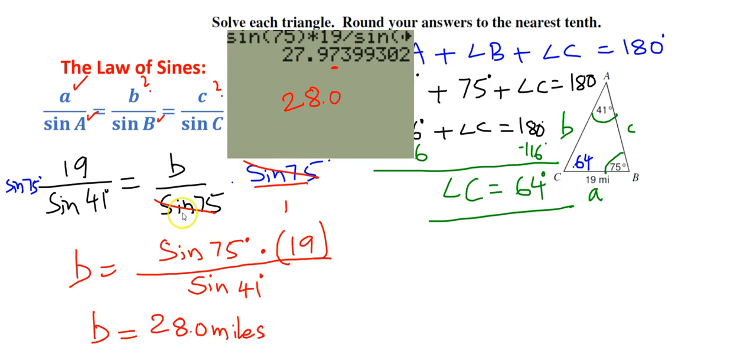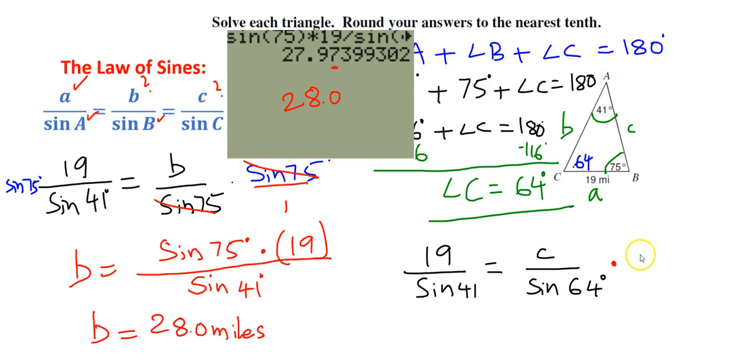Alright. Similarly, we can find the value of C. So how do you do it? Let us enter the values quickly. 19 over sine 41 is equal to C over sine C, that is sine 64 degrees. Now what is the next step? I have to cancel sine 64 from the denominator so C will become by itself.